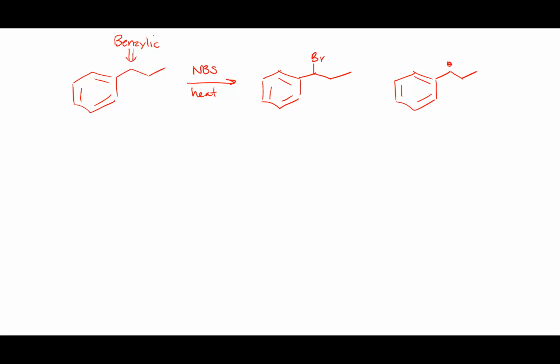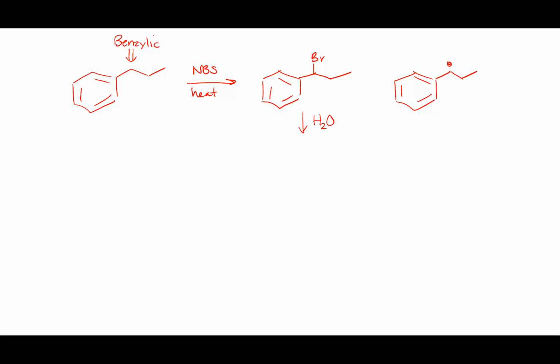And if I wanted to react this molecule with, let's say, H2O, first of all, if I took this benzylic bromide and reacted it with water, what mechanism am I going to do? SN1.